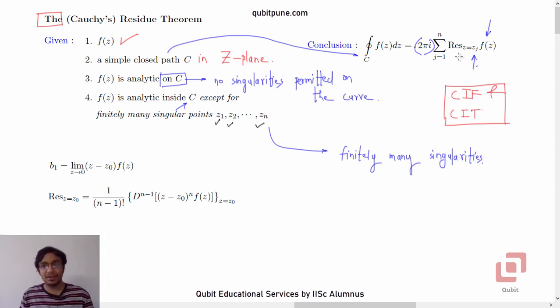We will add the residues and we will multiply the addition by 2 pi i. That will be the value of the integral.